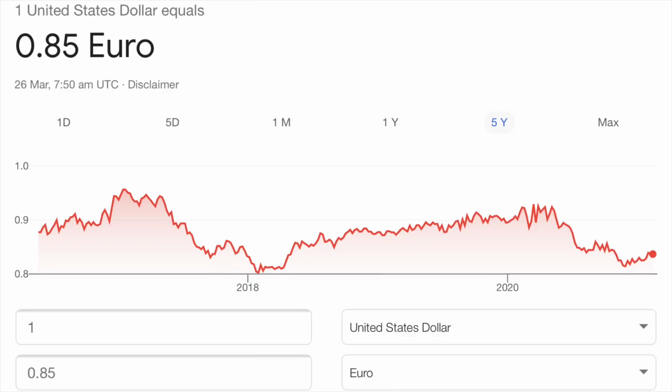And basically what that business has done over time is they've tried to shift a lot of their income sources into other currencies. They've moved a large proportion of their business from Turkish lira into actually euros. And if you look at the euro relative to the US dollar, it's actually a much more stable relationship.